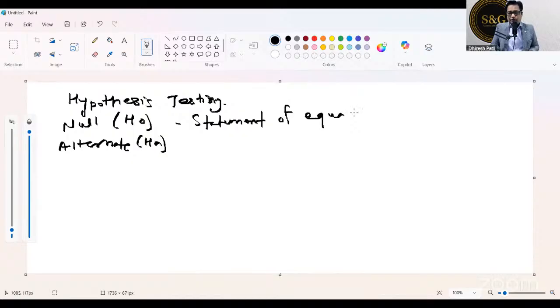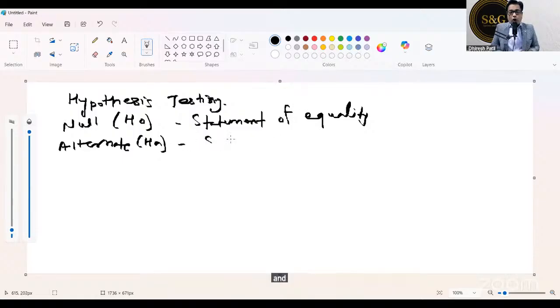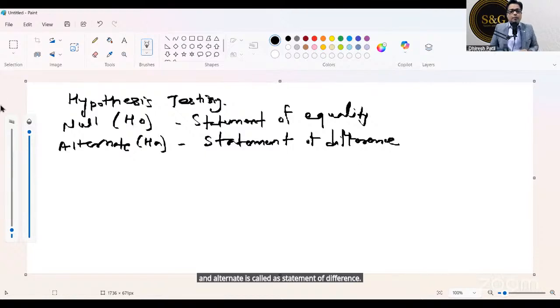Write this down. I'll explain with an example. We will do the Minitab exercises today as well. And alternate is called the statement of difference. These are two exactly opposite statements.